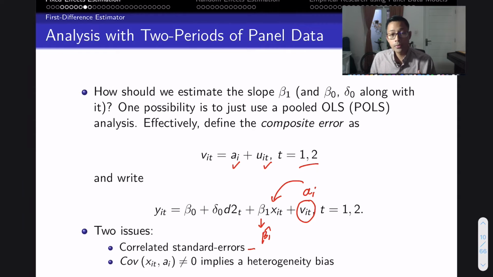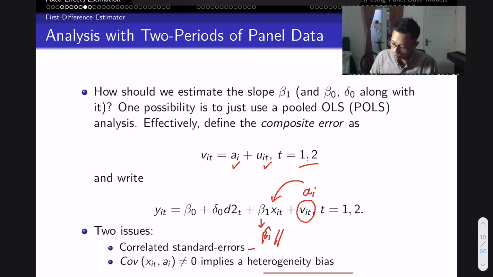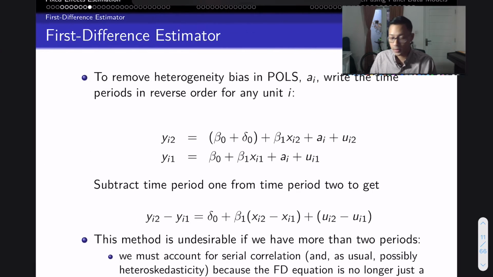Now, to remove heterogeneity bias in pooled OLS, this is what we can do. Write time periods in reverse order. So instead of writing the first period and then the second period, we're going to do the opposite. We're going to write the second period first. So y_i2 is going to be equal to beta 0 and delta 0.